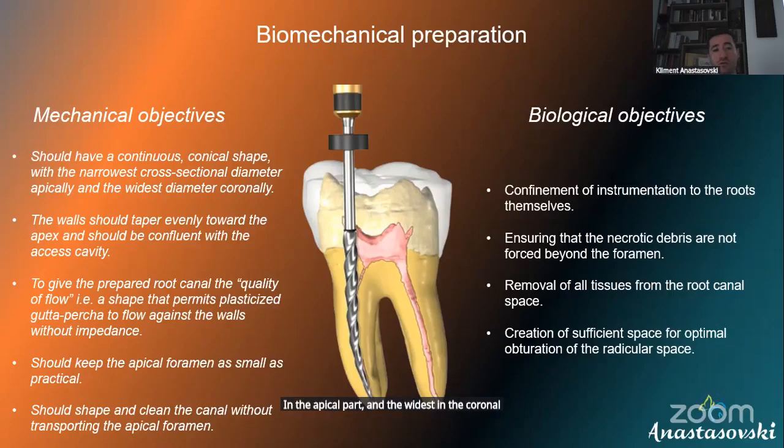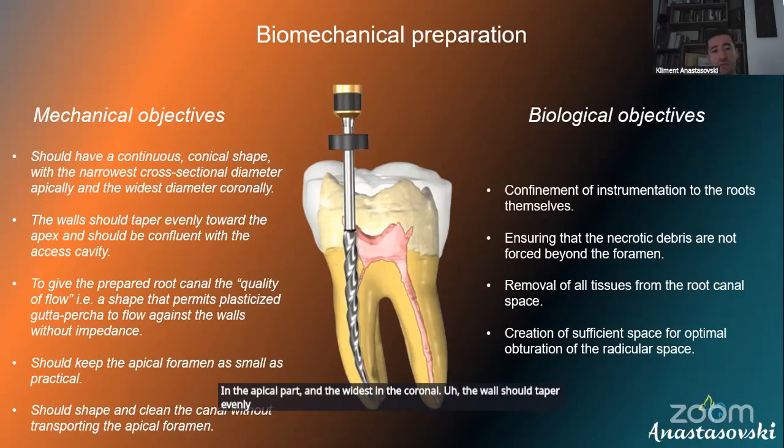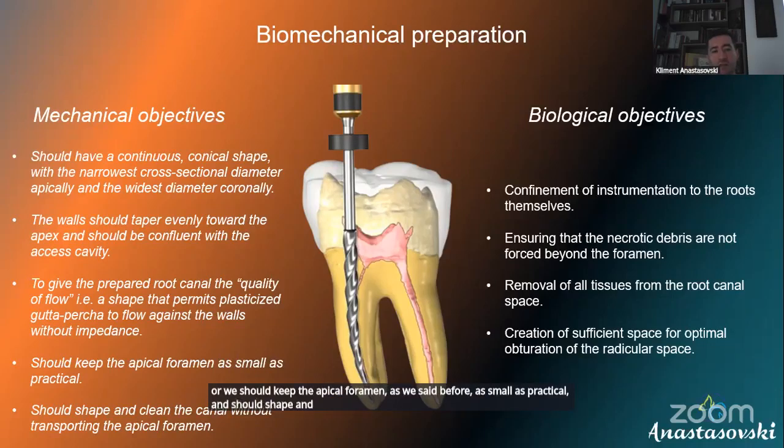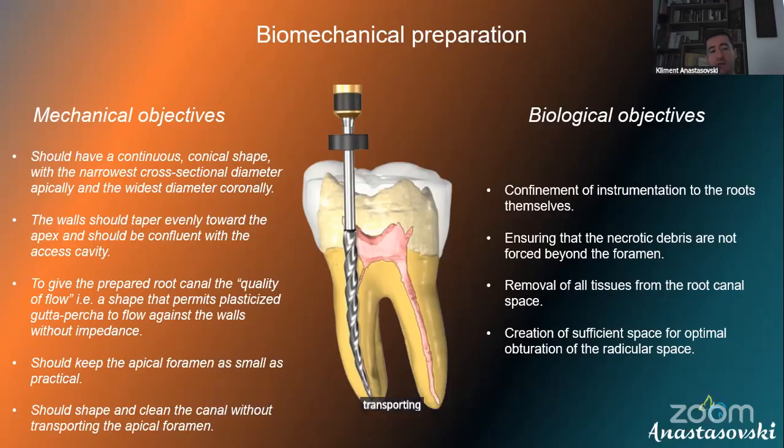The walls should taper evenly toward the apex and should be confluent with the access cavity, in a way that will permit the irrigant to flow against the wall without impedance. We should keep the apical foramen, as we said before, as small as practical, and should shape and clean the canal without transporting the apical foramen.